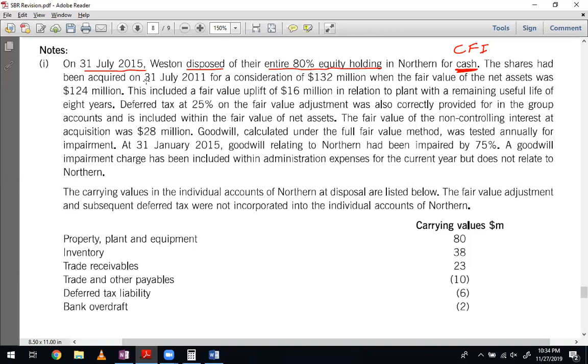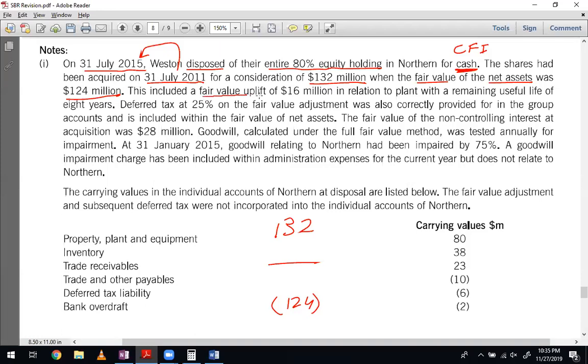The shares had been acquired on 31st July 2011, so we are actually selling it after 4 years for a consideration of 132 million when the fair value of net assets was 124. So 132 was the cost, adding the NCI, deducting 124 should give us the goodwill.